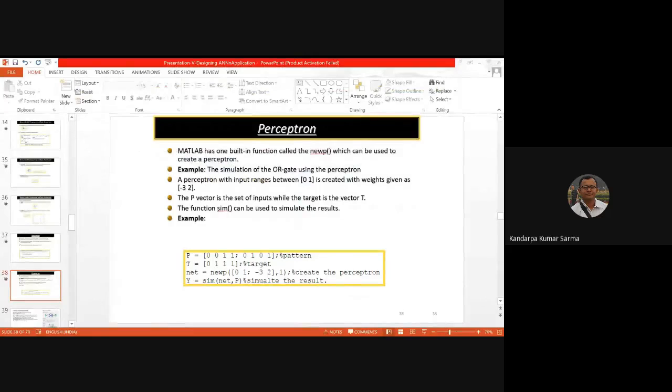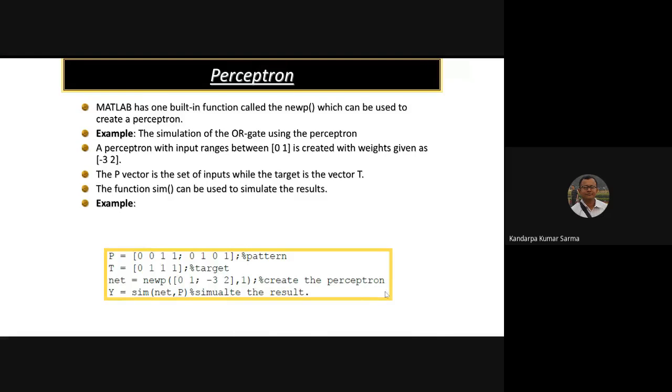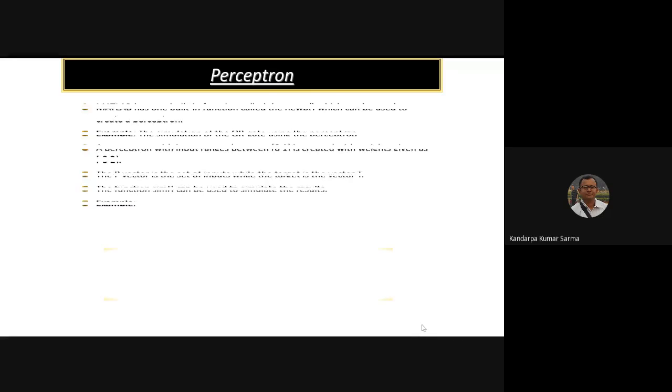It is in a created state, but not in a trained state. To train it, we will need a few more steps. So this will not give us the correct result, but this is the way to create a perceptron and use it step by step.